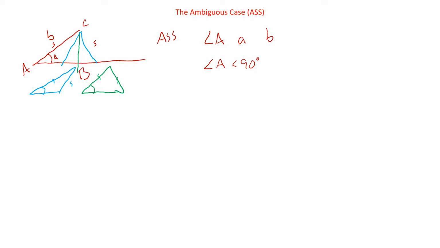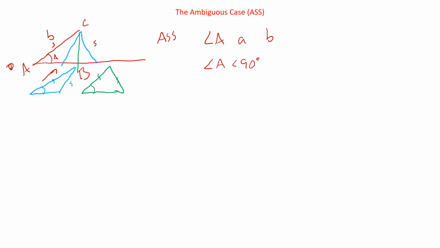If side A is too big, we wouldn't be able to have this one, because if side A was bigger than side B, it would end up hitting out here somewhere, and that's not the triangle with that angle.